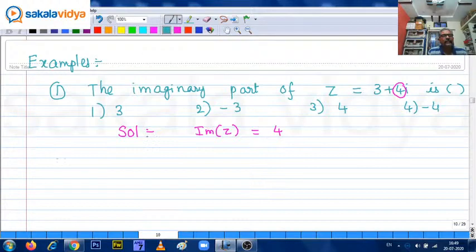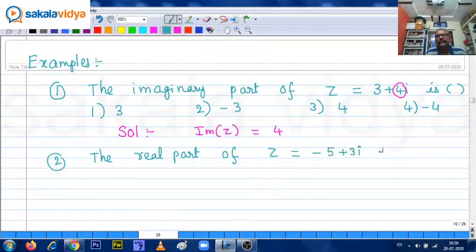Okay, one more question. The real part of z is equal to minus 5 plus 3i is: first option 5, second option minus 5, third option 3, fourth option minus 3. What is the answer for the second one?